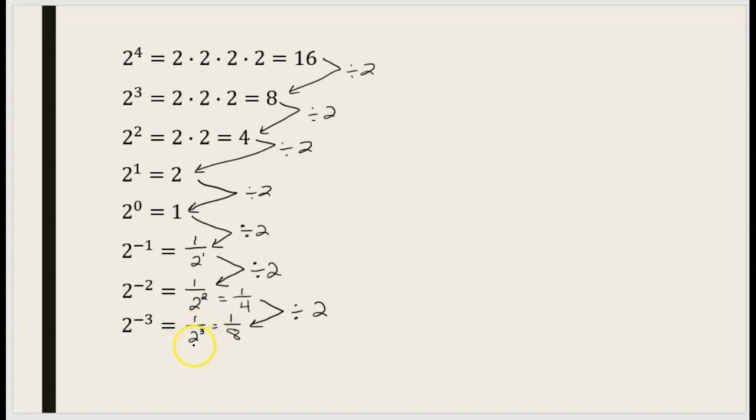Okay? Here's what I want you to see. When I have a negative in the exponent, the big mistake that a lot of people make is they want to take that negative and they want to move it out to the front. So they want to call this negative 2 to the third power. We don't need another way to write negative 2 to the third power. We could just put the negative in a different spot.